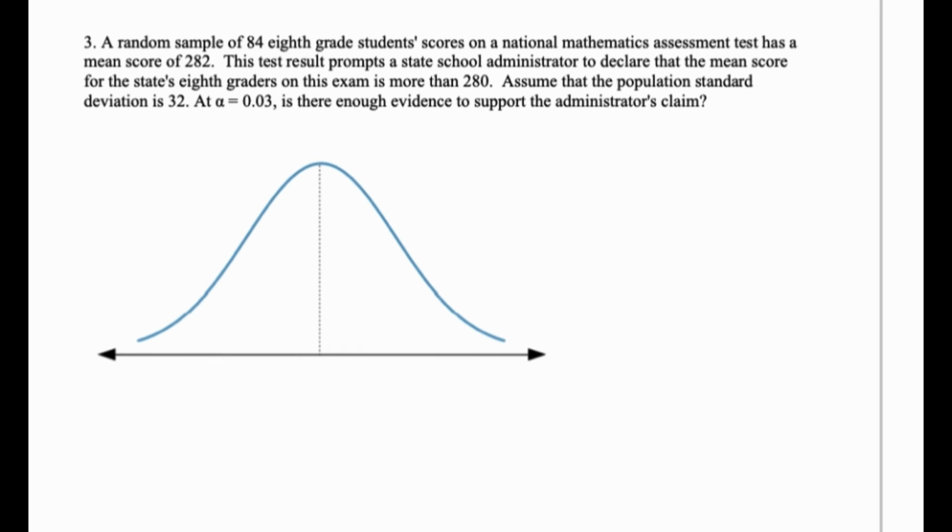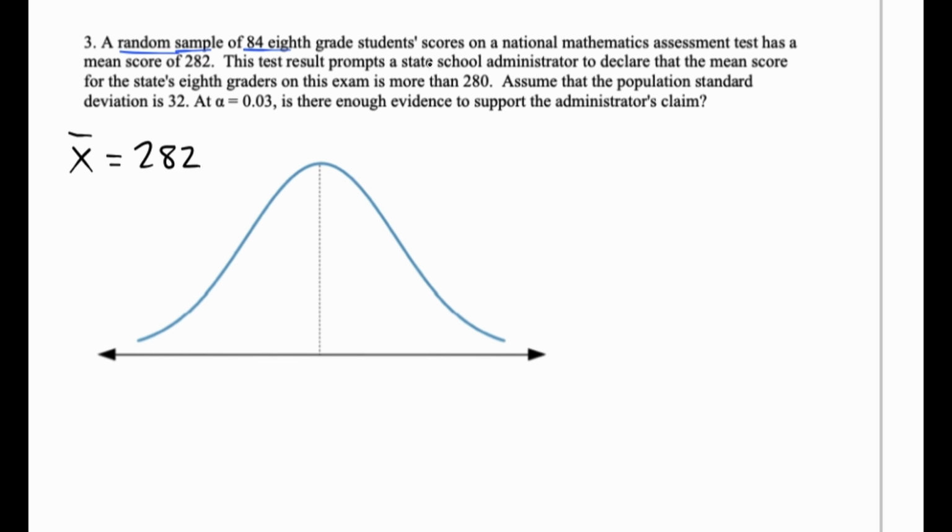Problem says a random sample of 84 8th grade students' scores on a national math assessment test has a mean score of 282. That is a sample mean that they're talking about. I can tell because they said here, random sample, 84. They told us how many students were sampled. So that's going to be our x bar then. X bar is 282.